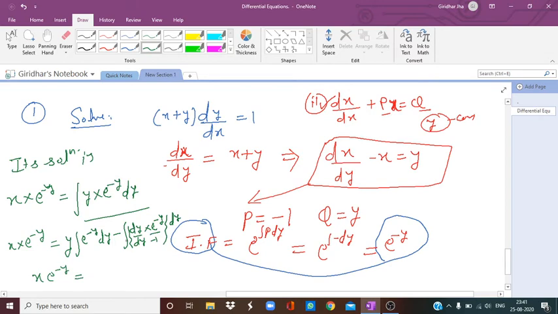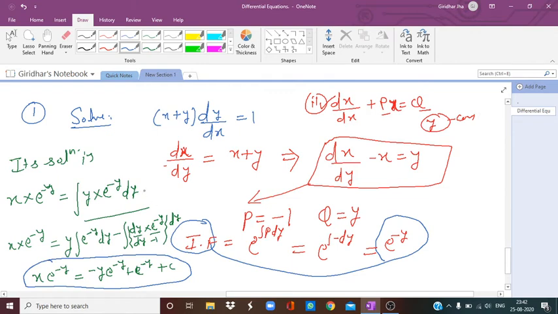Now after integrating and simplifying this, we will reach the final answer. What you can see, this is going to be -y into e to the power -y plus e to the power -y plus c, right? So this is going to be the solution of this differential equation, correct.